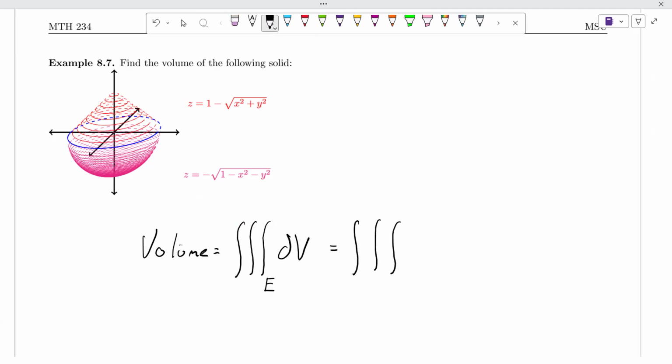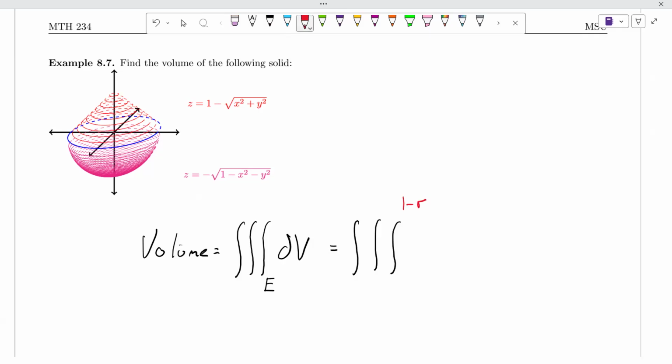And let's see, what equations do I have here? That red one on top looks like it's just 1 minus r.